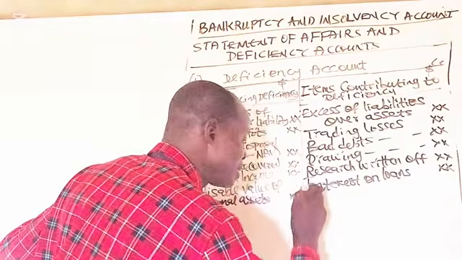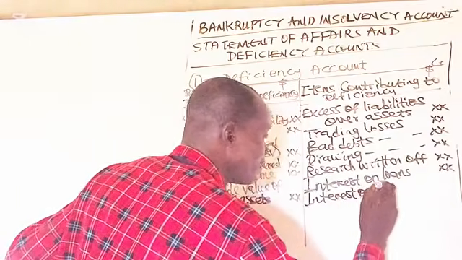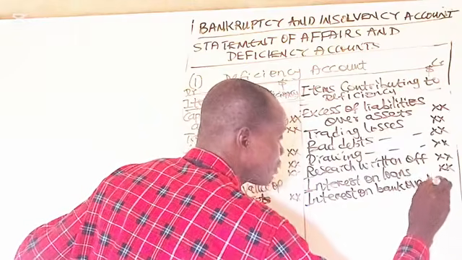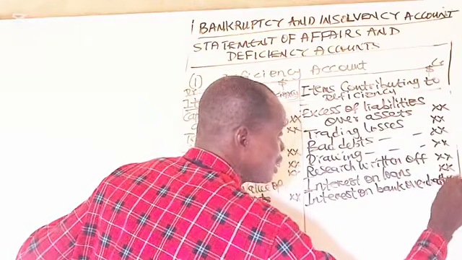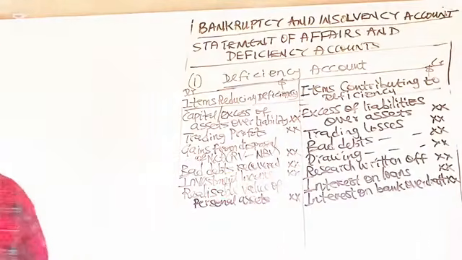The interest on bank overdraft, if any, will contribute to deficiency.